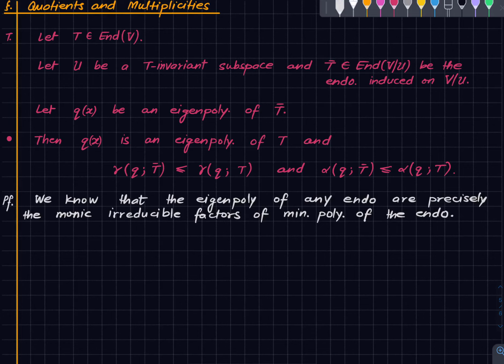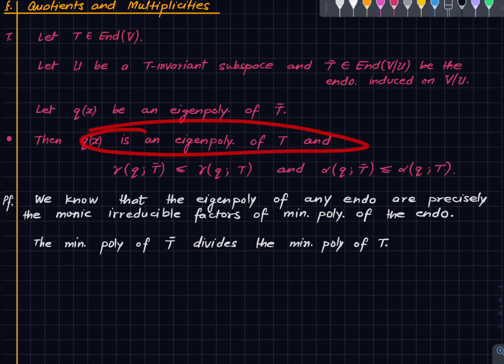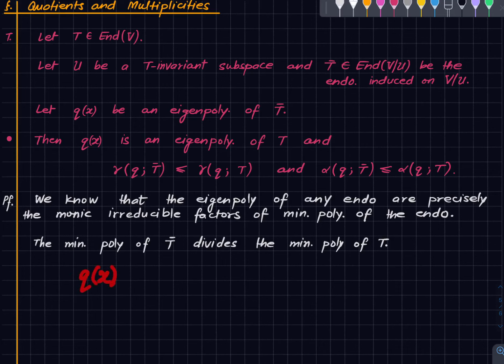All right, and the other fact that we have proven way earlier is that the minimal polynomial of the endomorphism induced on the quotient divides the minimal polynomial of the original. These two facts establish this. Why is that? Q(x) is an eigenpolynomial of T bar, that is given, and hence Q(x) divides the minimal polynomial of T bar.